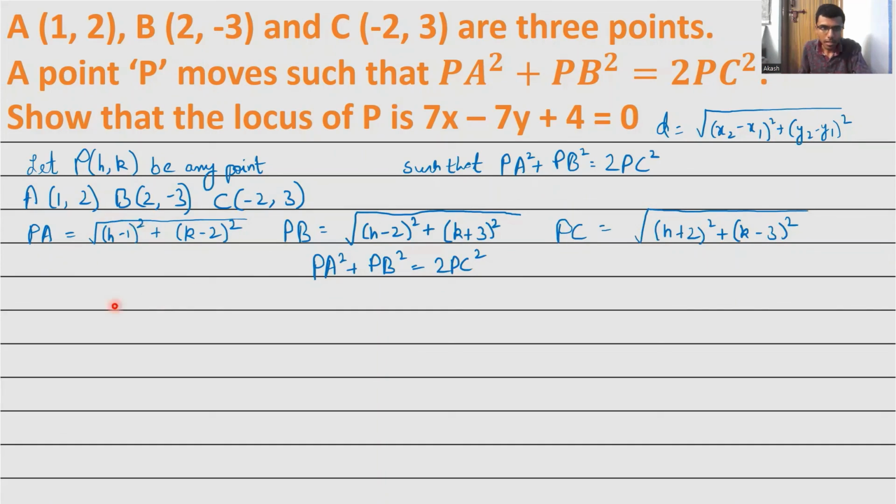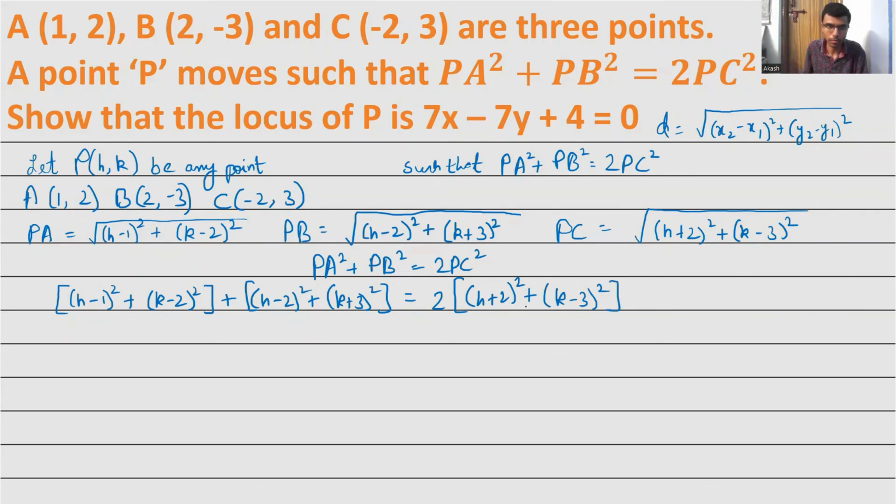So now I'm going to use square brackets to distinguish terms. k minus 2 whole square plus h minus 2 whole square plus k plus 3 whole square is equal to 2 times h plus 2 whole square plus k minus 3 whole square. Now let's expand the terms in the bracket.